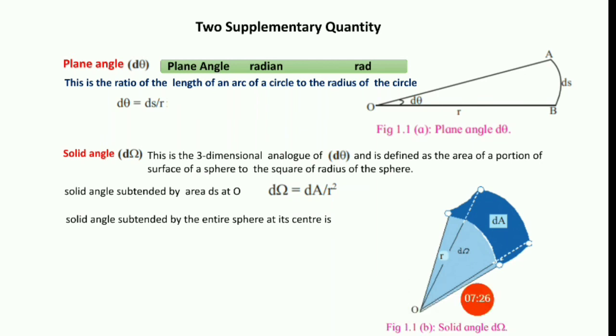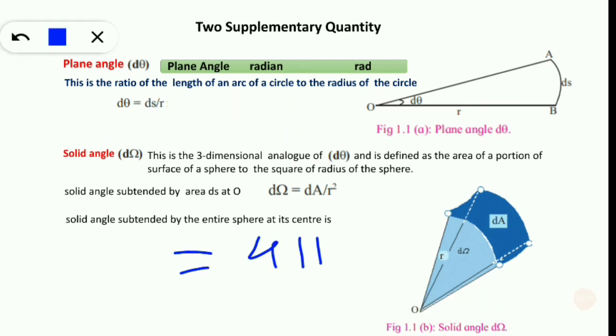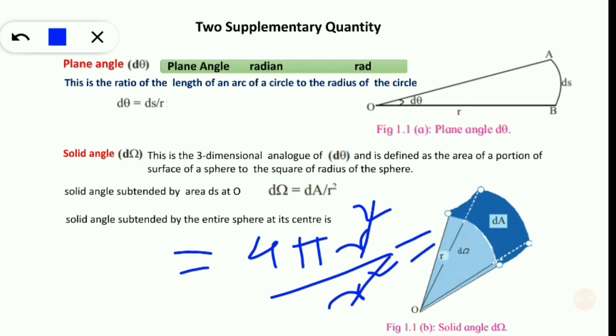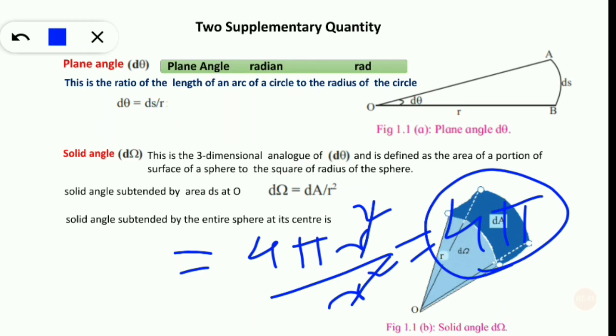So the answer will be 4 pi. That will be my answer for the solid angle subtended by the entire sphere at its center.